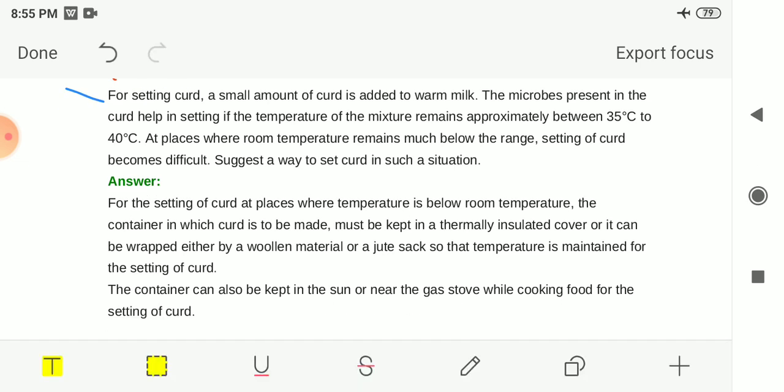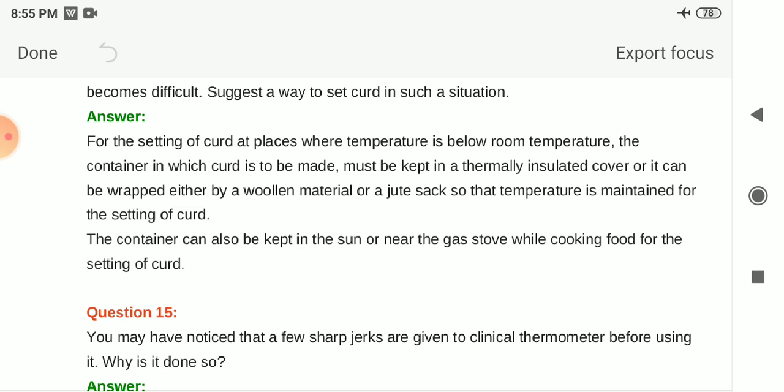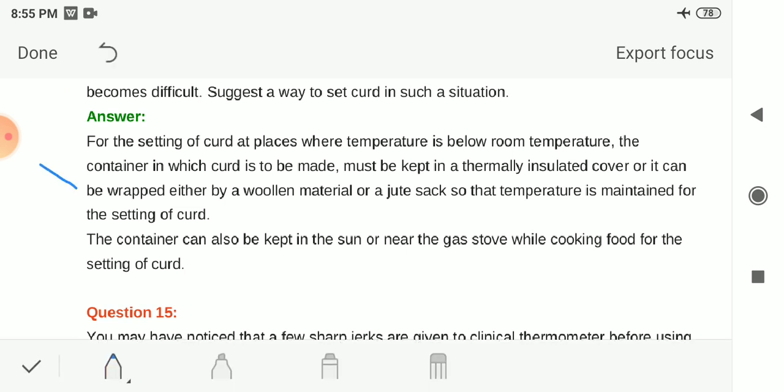So for setting curd at places where the temperature is below room temperature, the container in which curd is to be made must be kept in a thermally insulated cover, or it can be wrapped in a woolen material or a jute sack, so that the temperature is maintained for the setting of curd. As in the previous example, Paheli uses a woolen cloth to cover her container of soup to keep it warm.